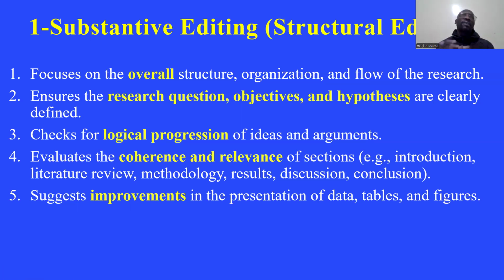So tashattut basically means there is some element of al-ashwa'iyya. You are just throwing things anyhowly. You are just writing your things anyhowly. Nobody can understand it. Your work is very disorganized. So this type of editing will ensure that at least there is some element of organization, there is some element of progression in your research.